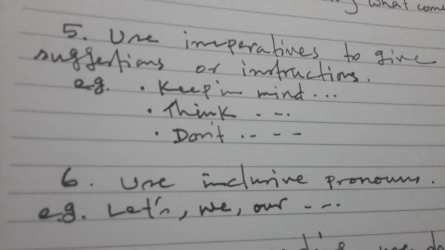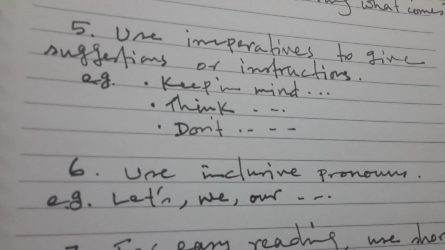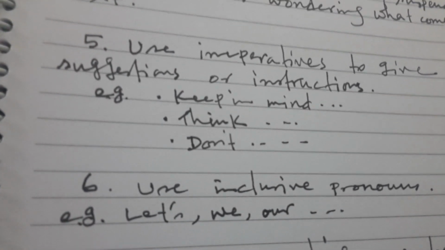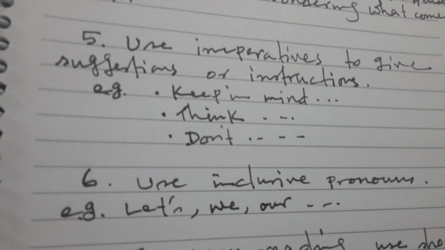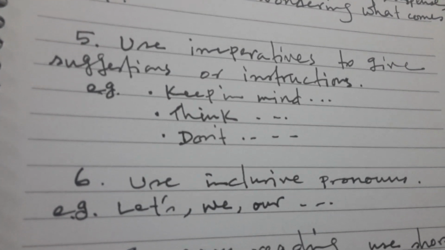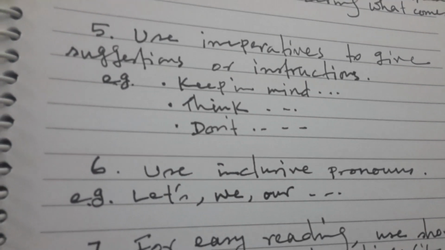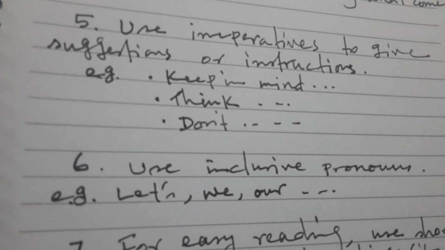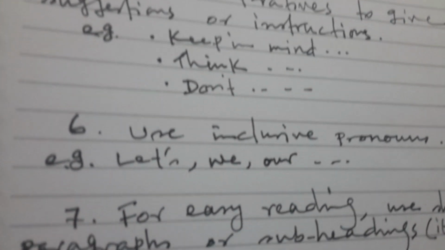Also, for relationship, you try to use inclusive pronouns such as let's think about, or we can do this and that, or our common goal should be, etc.